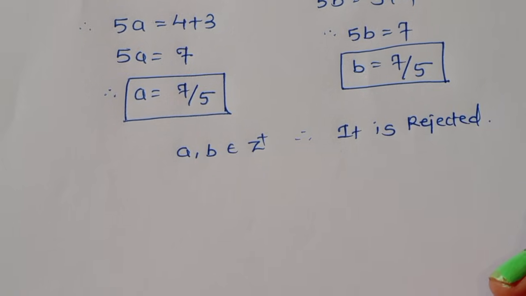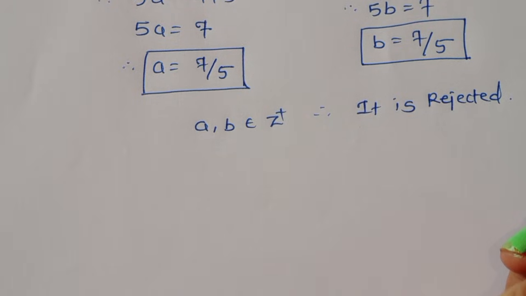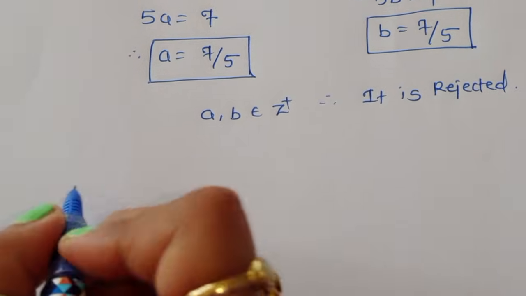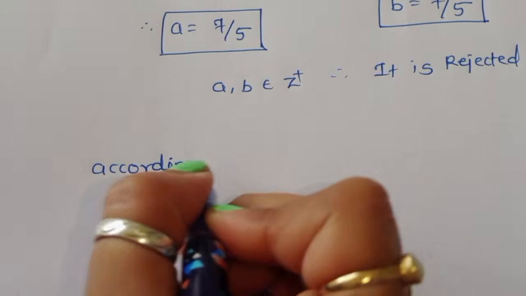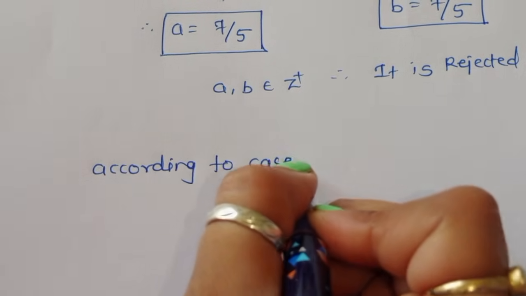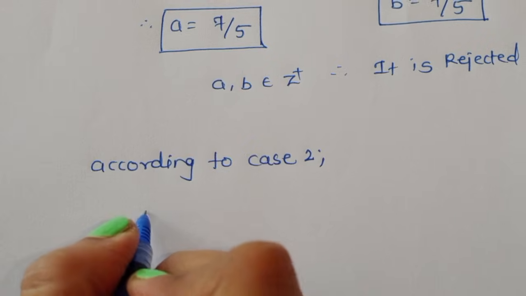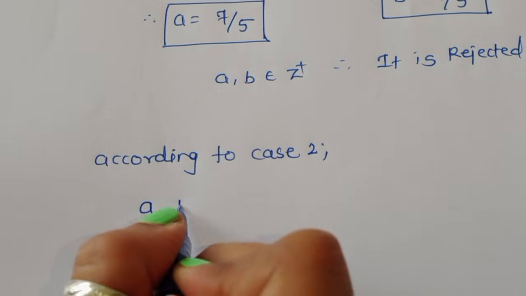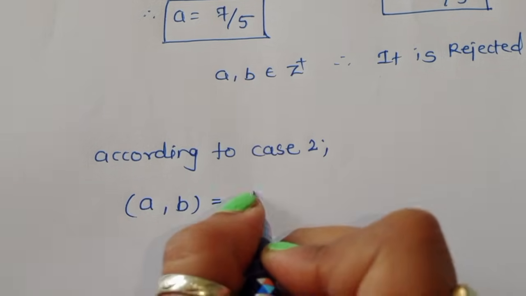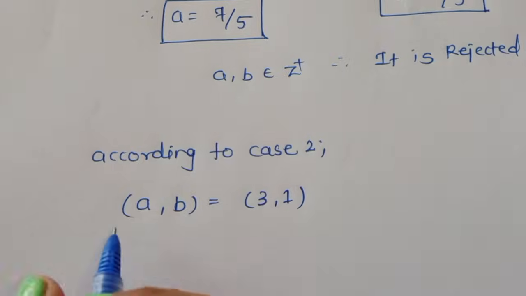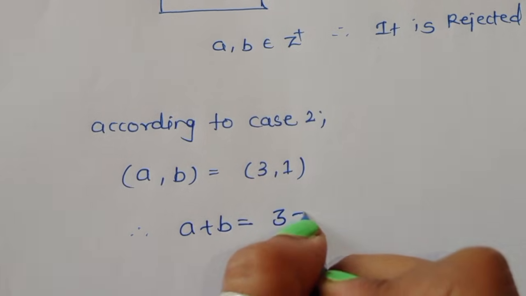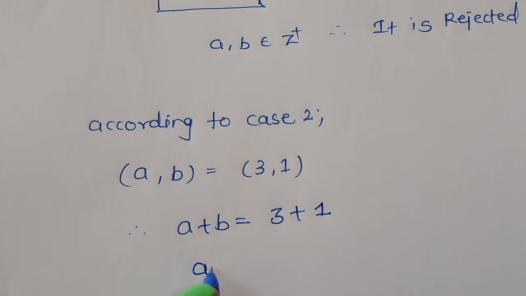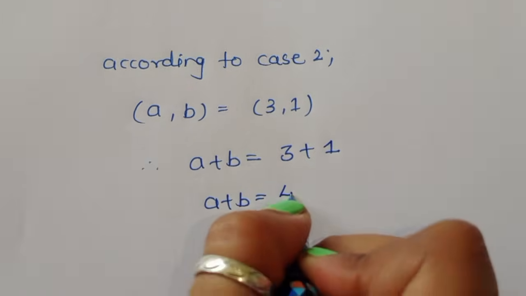Now we have to find out the value of a plus b. So according to case 2, (a, b) equal to (3, 1). Therefore a plus b equal to 3 plus 1, a plus b equal to 4.